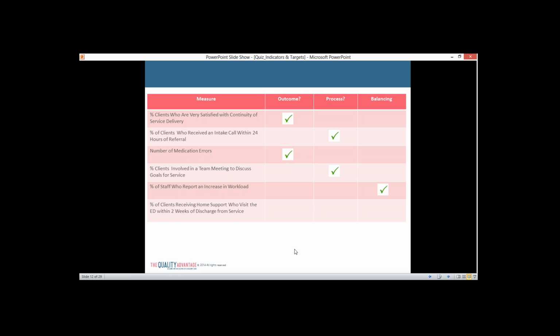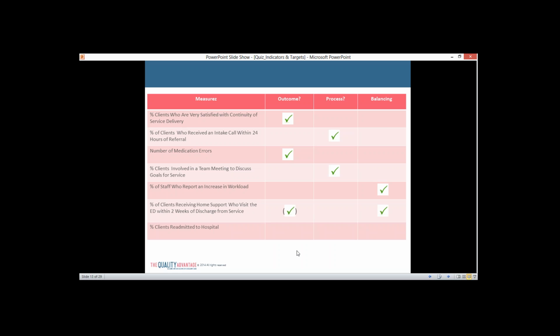The next one, percentage of clients receiving home support who visit the emergency department within 2 weeks of discharge from service. Is this outcome, process, or balancing? So I put 2 check marks on this.